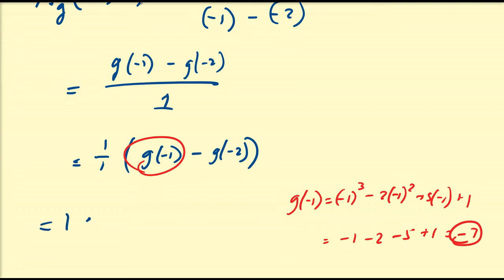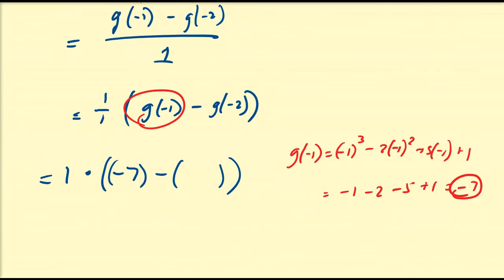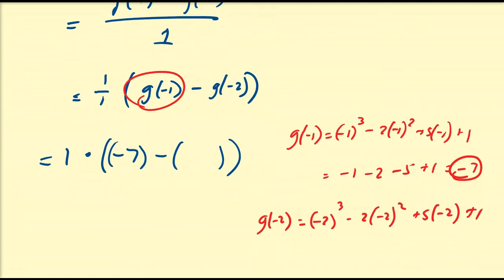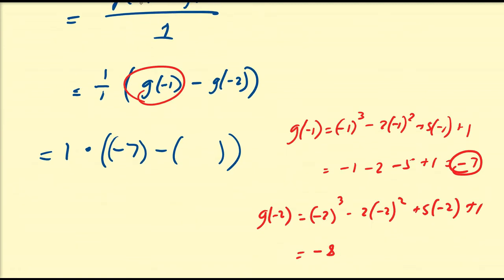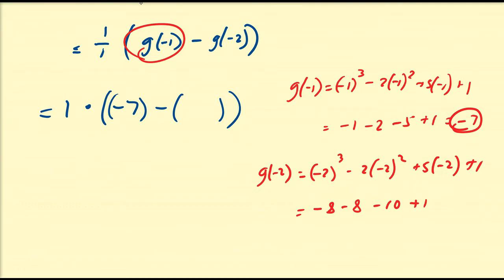Now g of -2 is equal to -2 cubed minus 2 times -2 squared plus 5 times -2 plus 1. -2 cubed is -8, minus 2 times 4 is -8, that's -16, then 5 times -2 is -10, so -16 minus 10 is -26, plus 1 is -25.